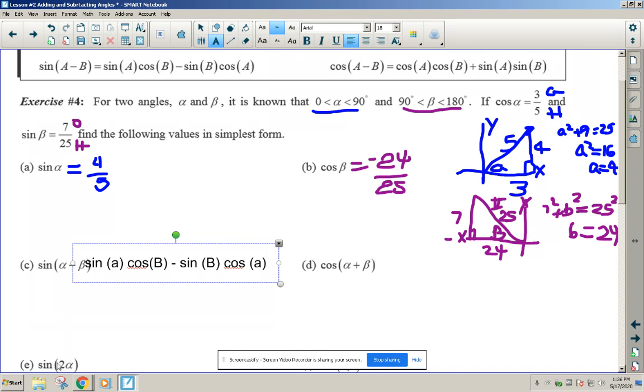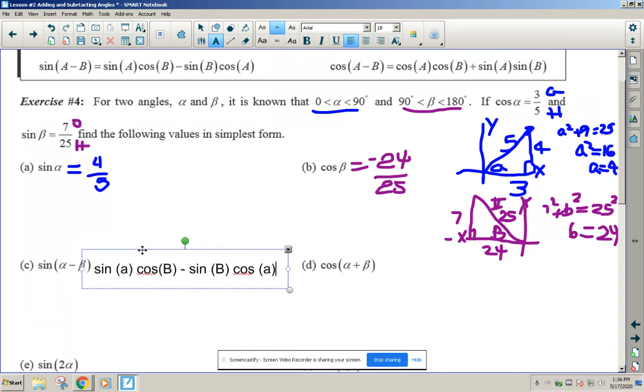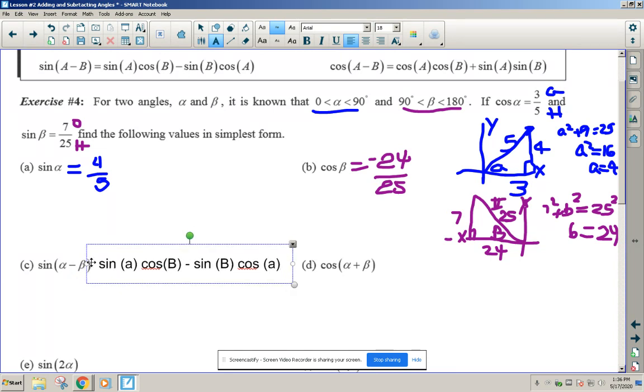And from here, we're going to plug in the values that we have. Actually, I'll put the little equal sign here. So there we go.